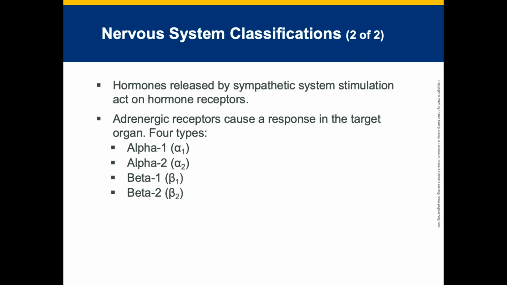Adrenergic receptors then cause a response in the target organ, generally divided into 4 types: alpha 1, alpha 2, beta 1, and beta 2. Anything that has to do with alpha has to do with the vasculature of the body. So if we're dilating or constricting blood vessels, that's going to be an alpha response.